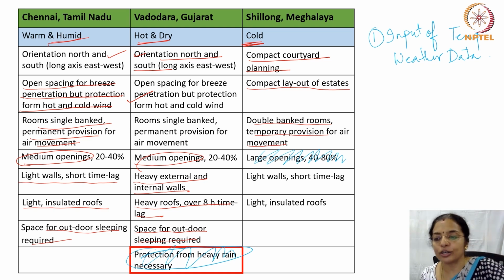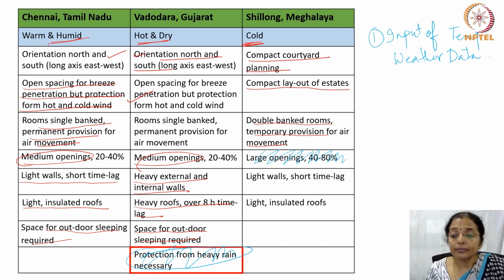Therefore all that I am trying to say is that these tables give a fairly good thumb rule recommendations about what passive strategies we must use, but they also carry a small element of error, which is basically because of the data that we enter.